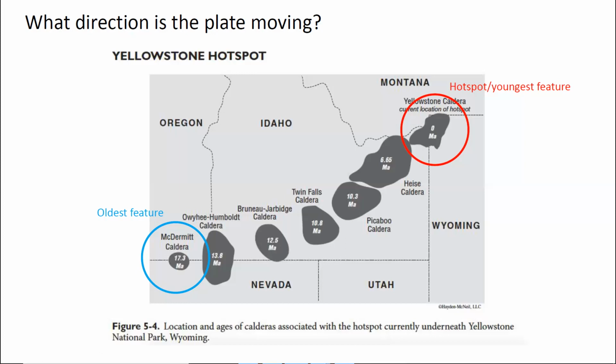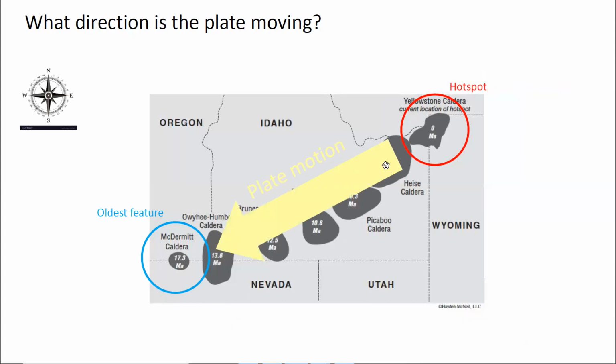And then the oldest feature is the McDermott caldera. And so the plate had to have moved southwest. You can figure this out by taking the McDermott caldera and trying to trace it back to when it would have been over the hotspot. So it would have formed here, and then to get to its current location, it had to have moved southwest.